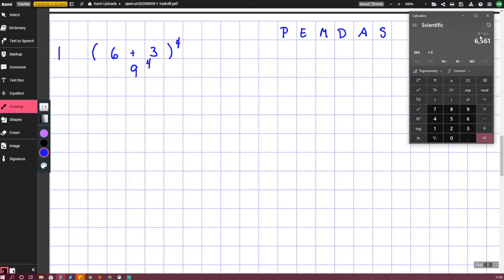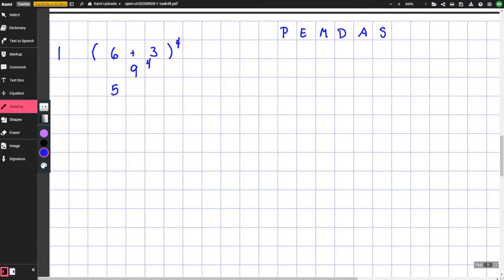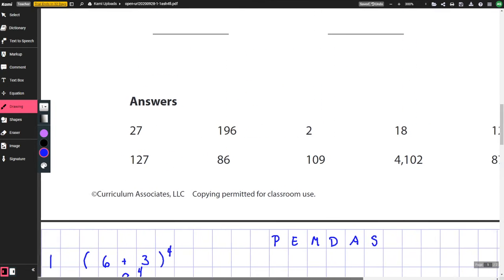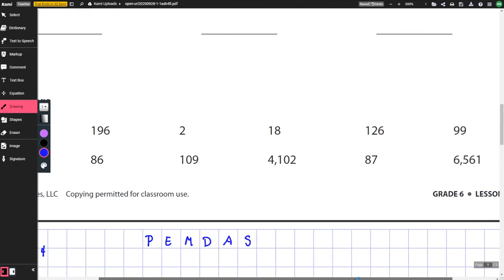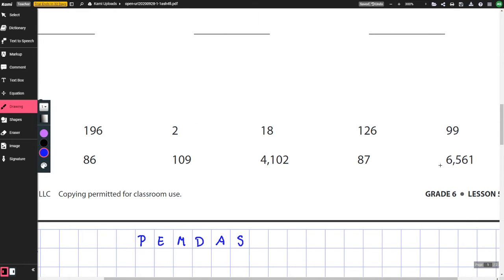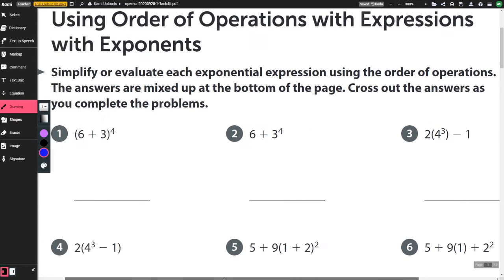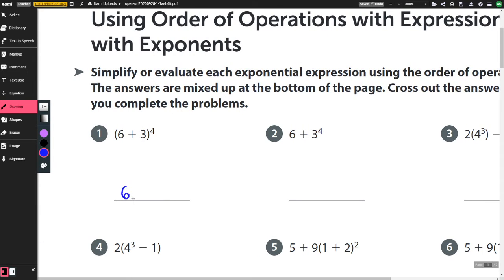And, oh look, I already have it up here. 9 to the 4th power, let's just make sure, equals 6,561. Now I'm going to scroll up a little bit to look at my answers to see if that is one of my answers. Yes, it is, right here. So I'm going to cross it out and put it right here.